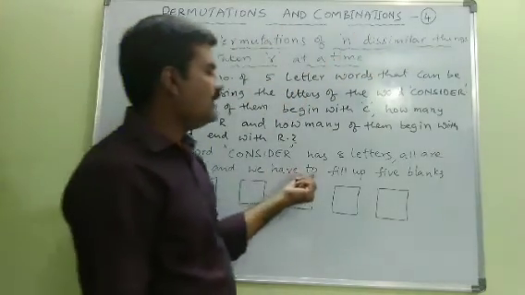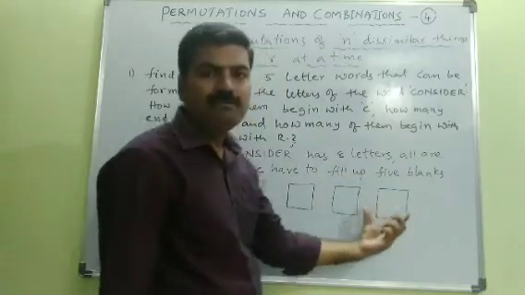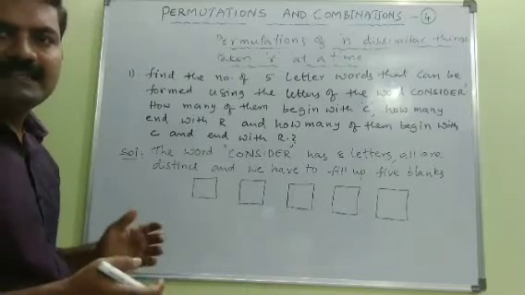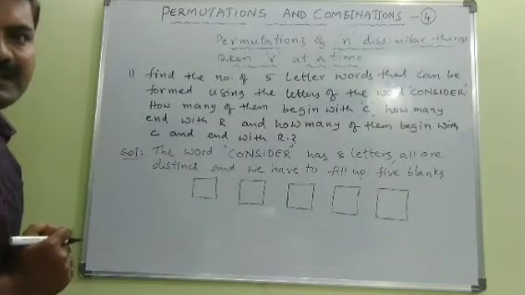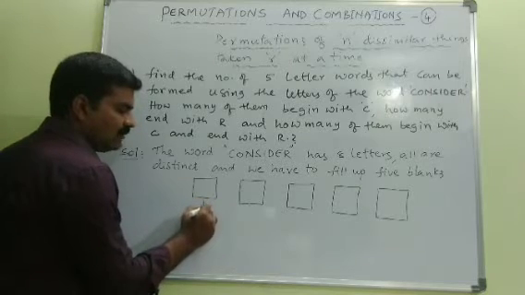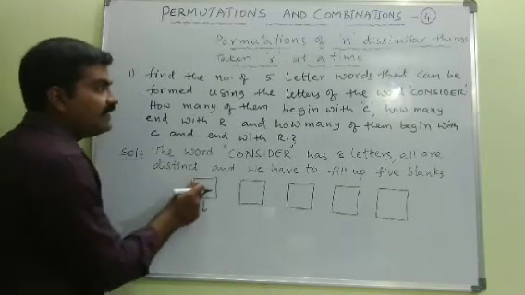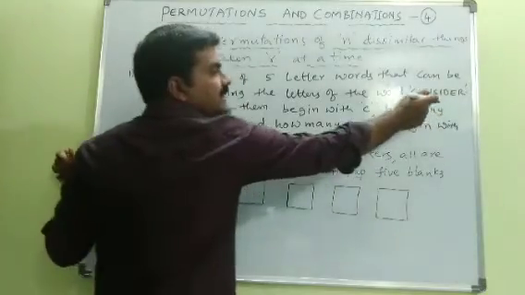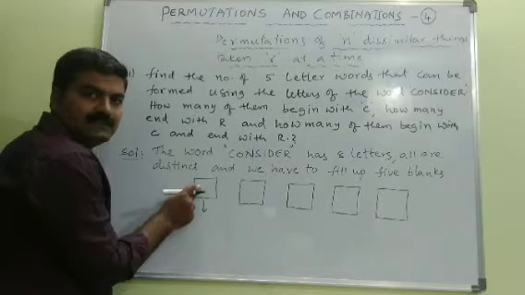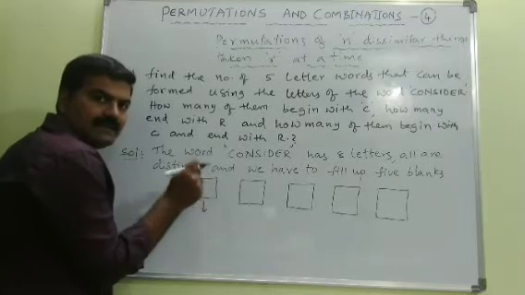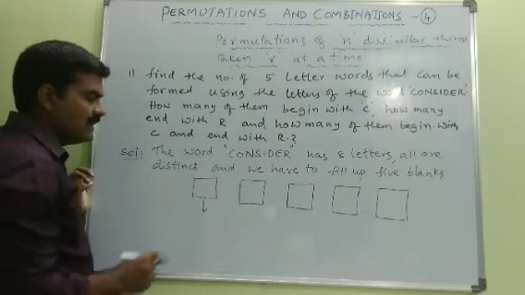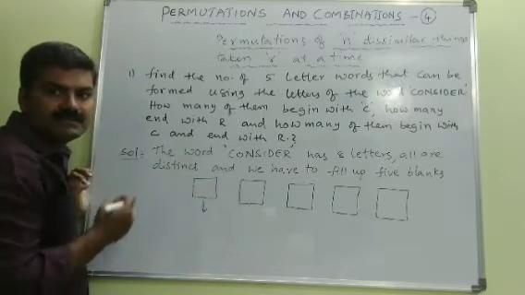Now look at me. We need to fill up the 5 blanks, a 5-letter word. Let us see how many ways we can fill these 5 blanks. Coming to the first blank, I can write any one of the letters from CONSIDER: C, O, N, S, I, D, E, R. So I have 8 choices.